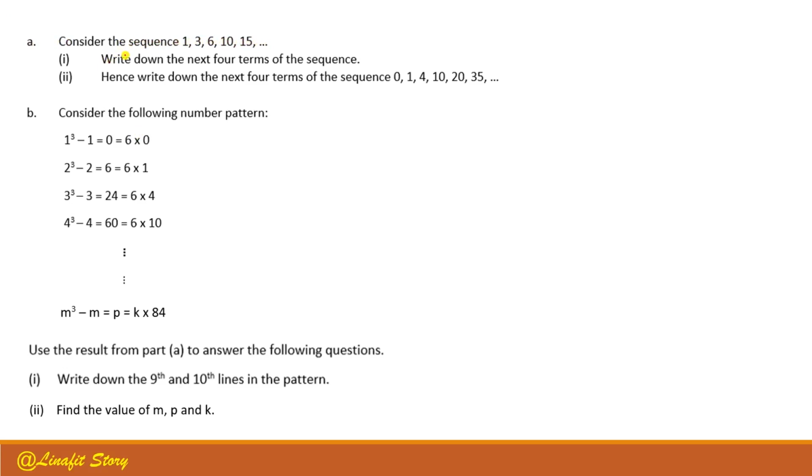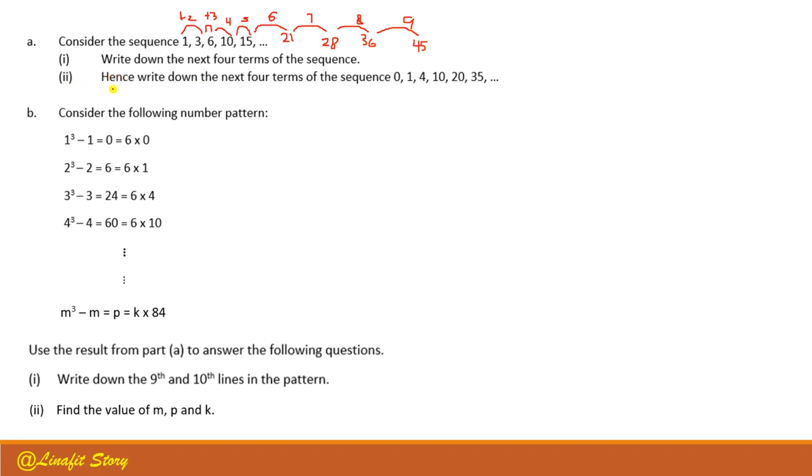First, write down the next 4 terms of the sequence. 1 to 3, plus 2. 3 to 6, plus 3. 6 to 10, plus 4. 10 to 15, plus 5. 15 plus 6 is equal to 21. 21 plus 7 is equal to 28. 28 plus 8 is equal to 36. 36 plus 9 is equal to 45.